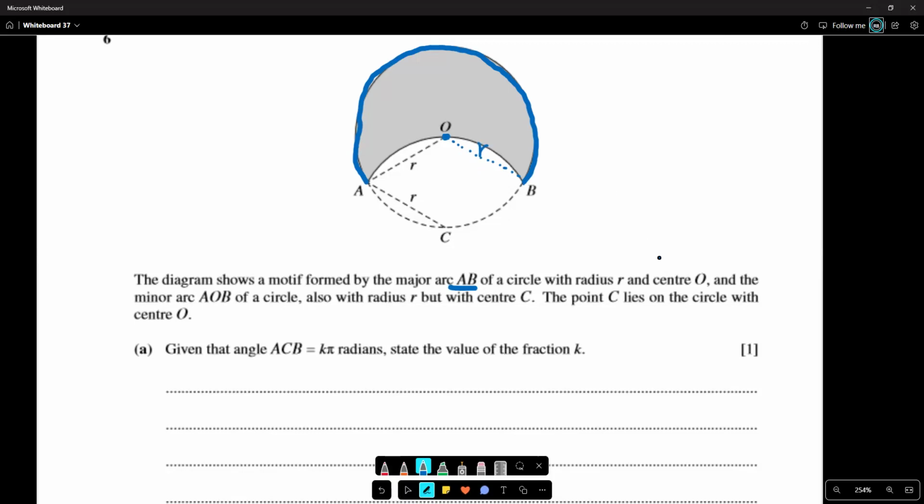And then the minor arc AOB, which is this one, of a circle also with radius R, but with center C. Oh, so there's another circle here. And that circle also has the same radius as this circle, the big one, but with center C. So the other circle, its center is here, right?